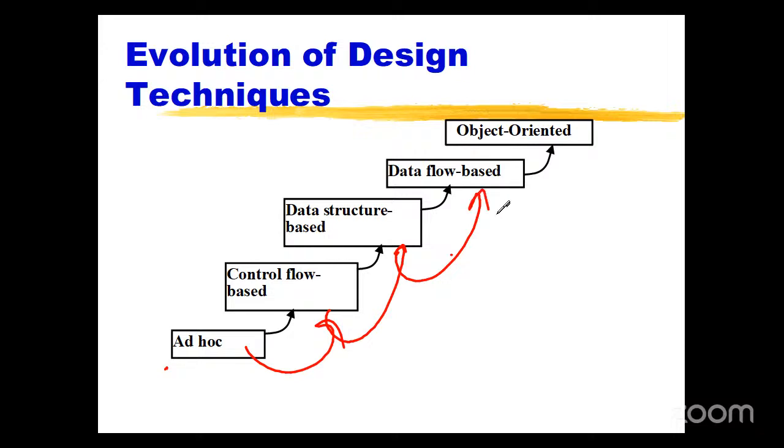And finally, we are at the object-oriented one. So this is how it happened from 1950 to the 1980s: ad hoc, then control flow based, then data structure, then data flow, then object oriented. You can take this diagram as a reference for the evolution of object-oriented techniques.